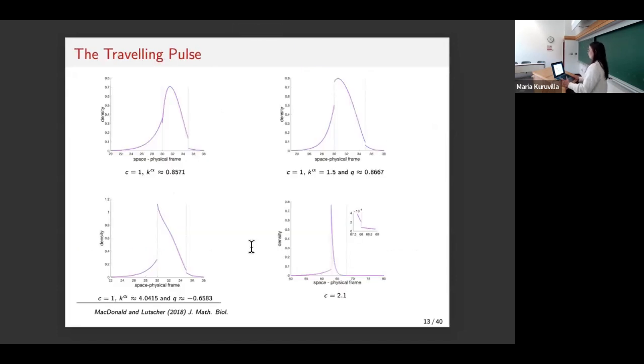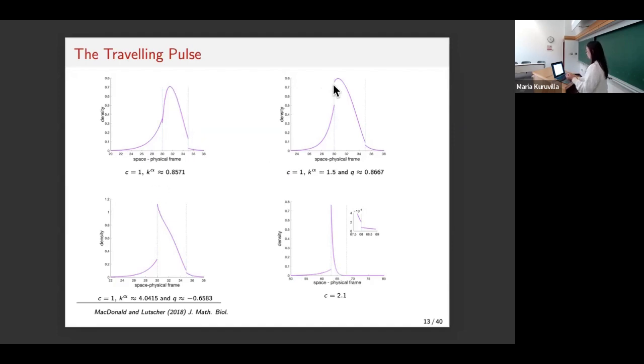So it also turns out, this is a theorem in a picture, that the profile is also a traveling pulse, and the traveling pulse can take on many different shapes. It can take on a shape where the local maximum is inside the suitable habitat.